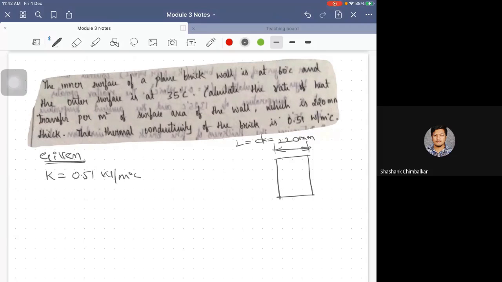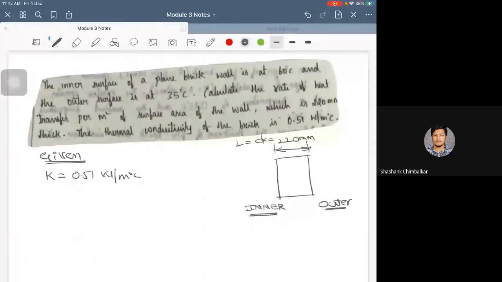What else is given? Inner surface. Inner in the sense I will consider this to be the inner, and this to be the outer surface. So for the inner surface, the wall is at 60 degrees centigrade. So here I would consider this as T1 to be 60 degrees centigrade.